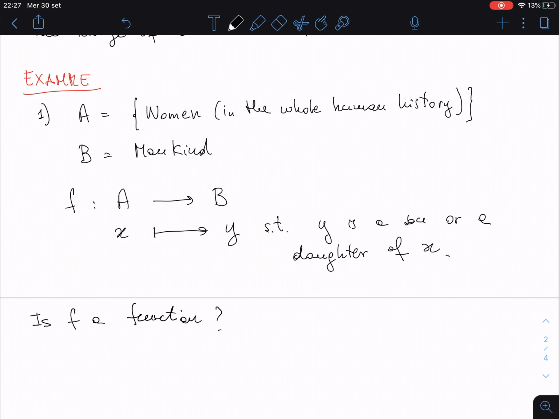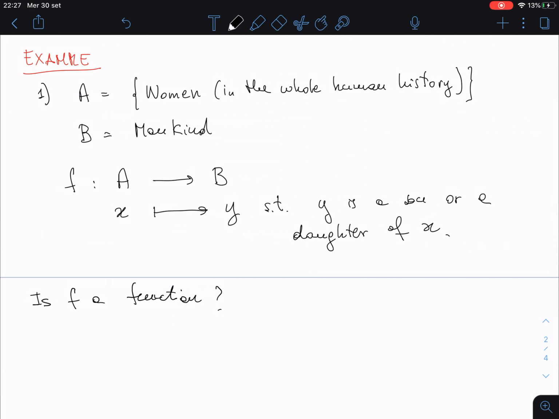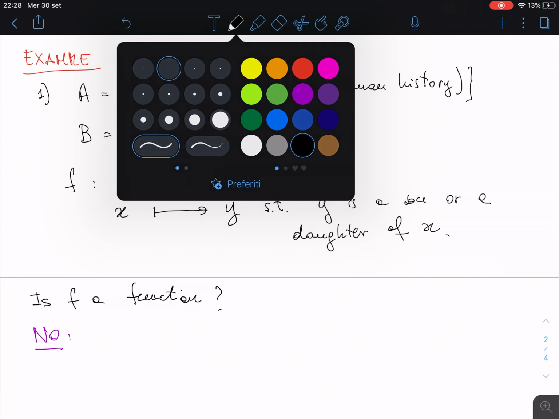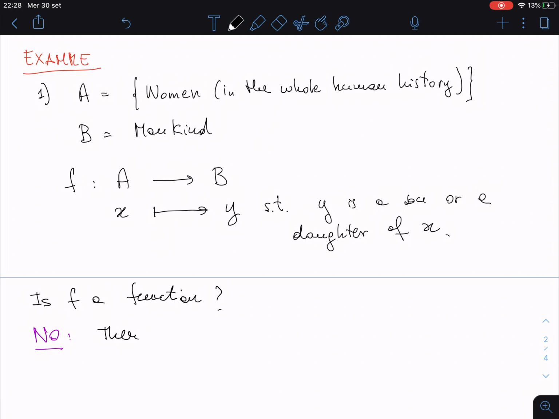Turn it off, think of it. Now, come back, and the answer is no. Why? One reason is, for instance, that there are women with more than one son or daughter.